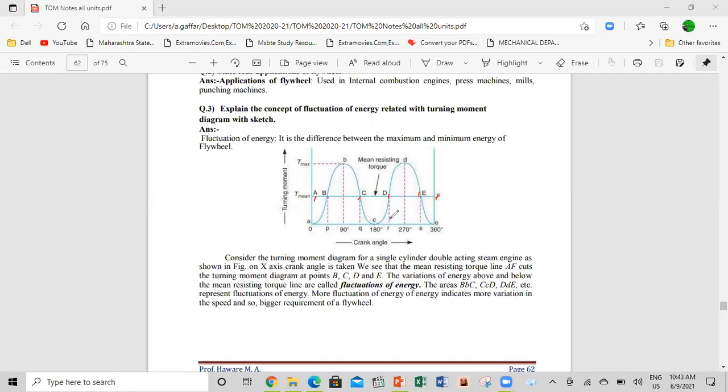Okay. So we can write that the maximum energy is denoted by capital E1 and minimum energy is denoted by E2. Okay.